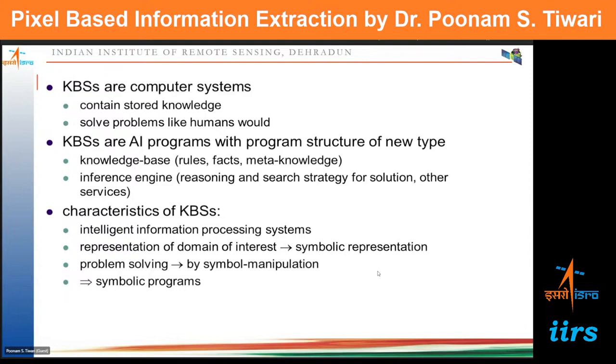The basic characteristic of a knowledge-based system is that it is an intelligent information processing system. It is a representation of the domain of interest, and it tries to solve the problem by symbol manipulation.